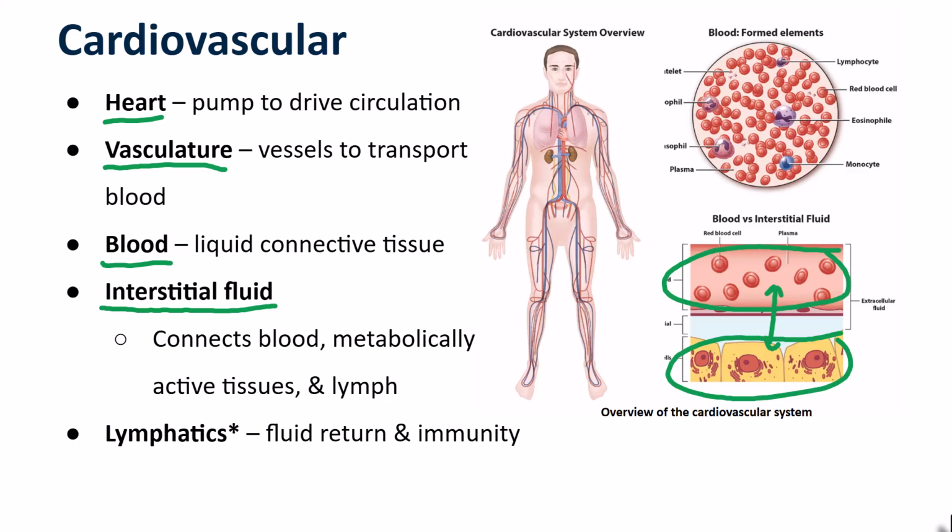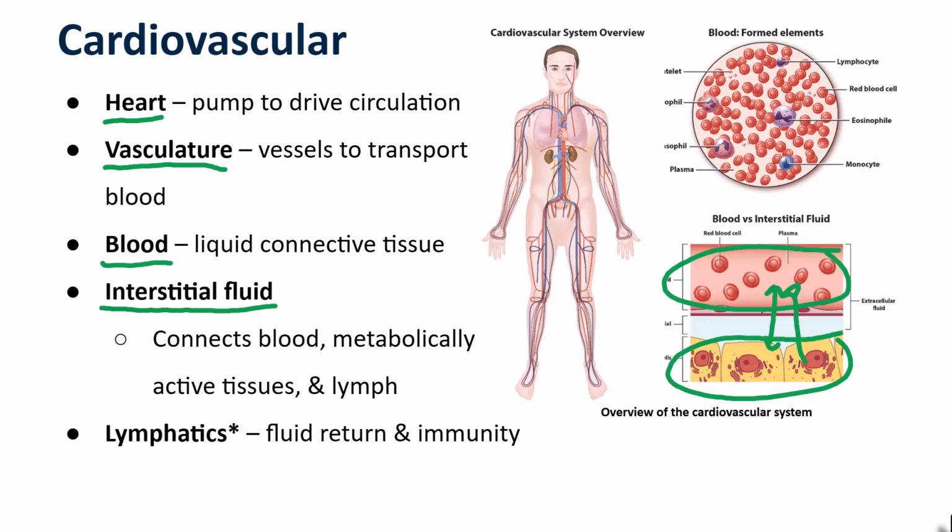And so nutrients will leave the cardiovascular system to be delivered to the cells. Hormones can be delivered to the cells. And waste products can be picked up by the blood and redistributed to other organs, such as the kidneys or the lungs, for removing those materials from the body.